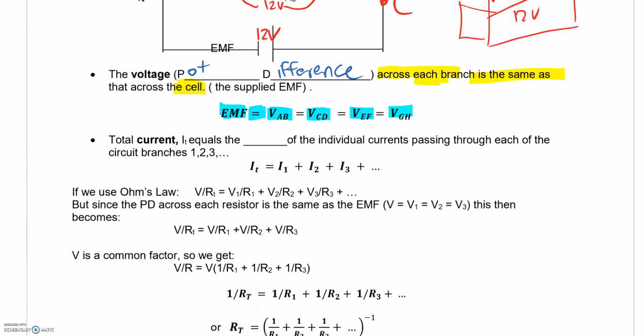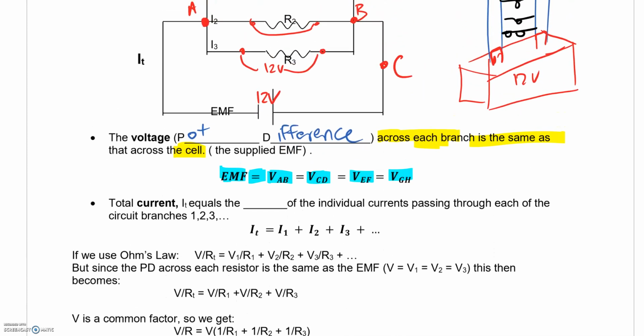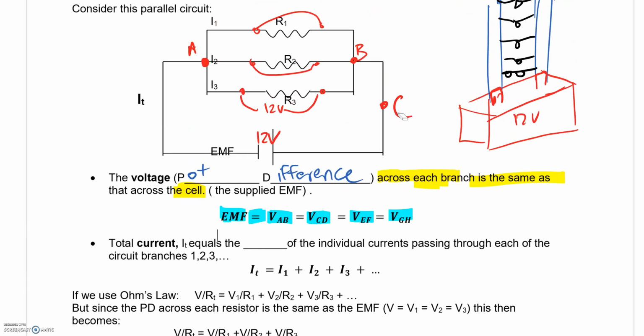Now, the current, on the other hand, is what breaks up into pieces. It's a bit like a reticulation system.